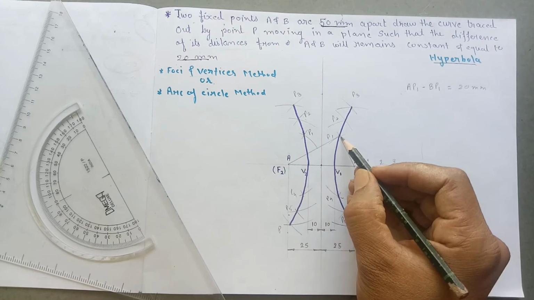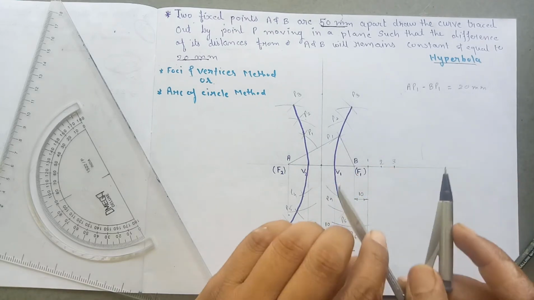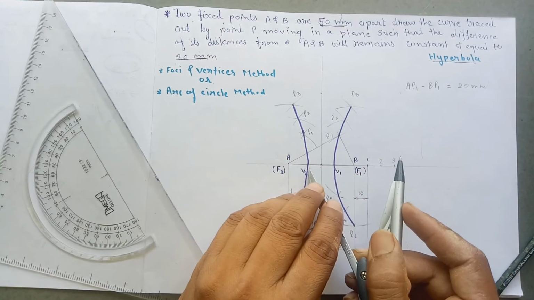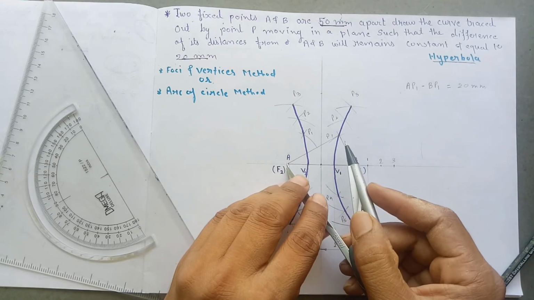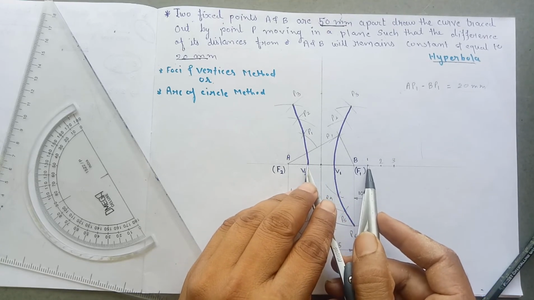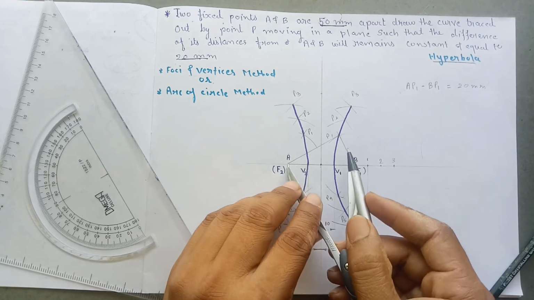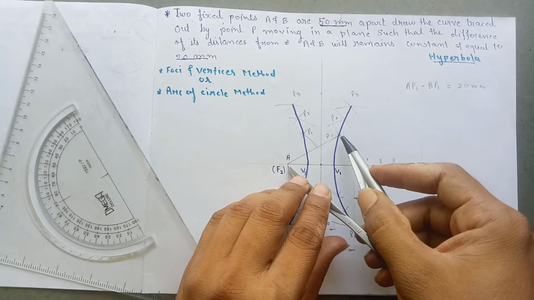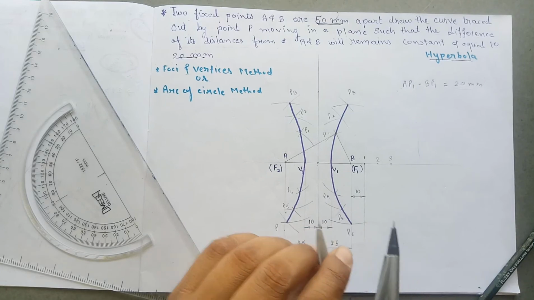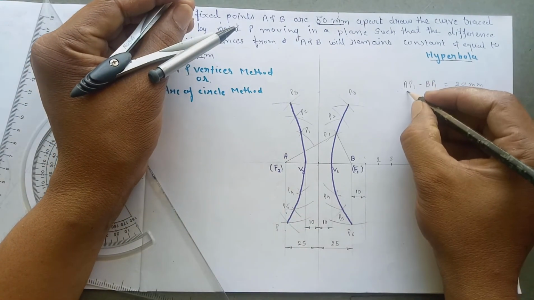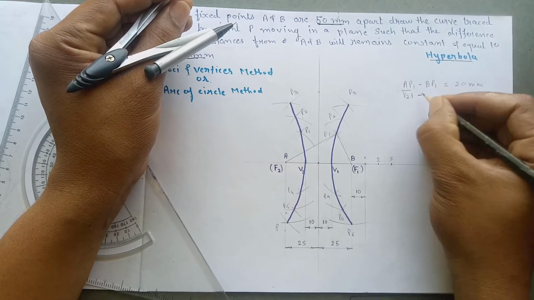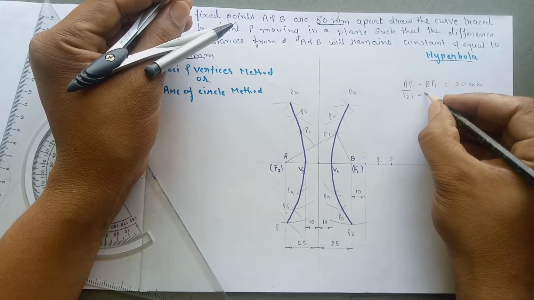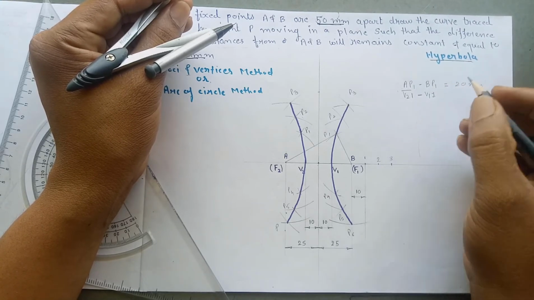So the distance of A to P1, what is A to P1? It is equal to V21. So we have measured V21 and we have given the radius over here to mark the P1. So the distance of AP1 is equal to V21 minus BP1 is equal to V121.